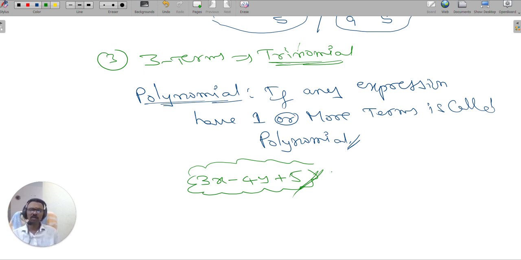Sometimes we call even 1 term a polynomial. Sir, you are saying that the power is only 1? No, no need. 3x square minus 4x plus 5 is also a polynomial. Here some of them are getting some doubt.